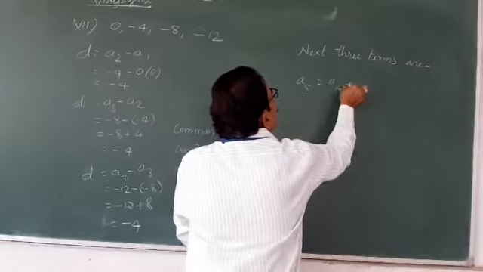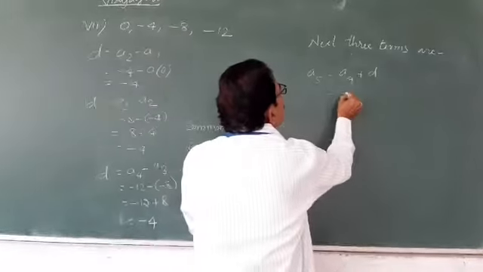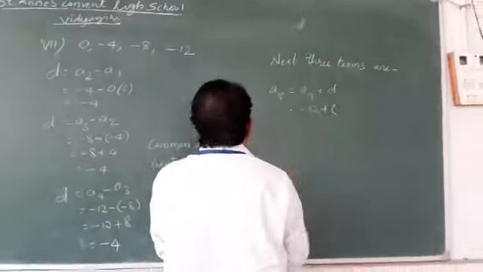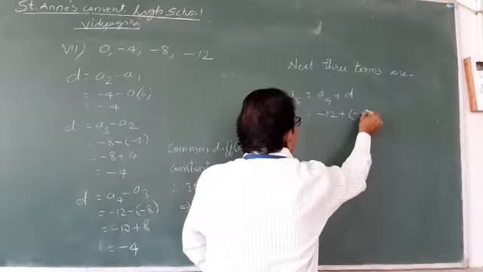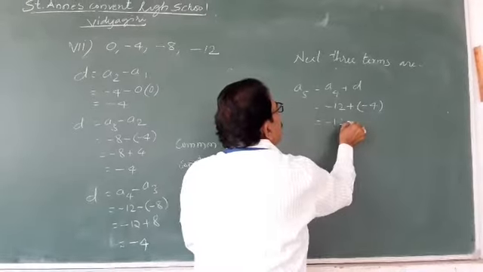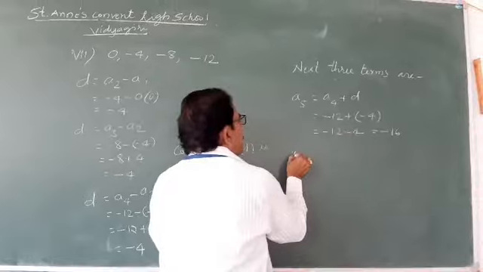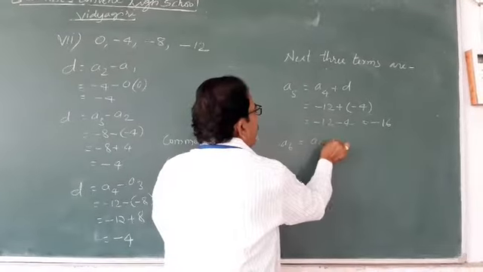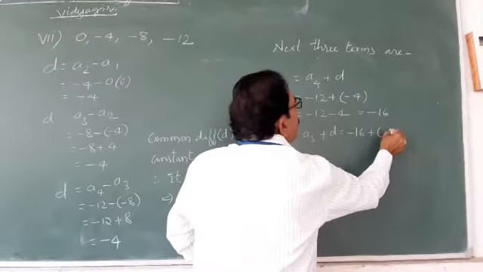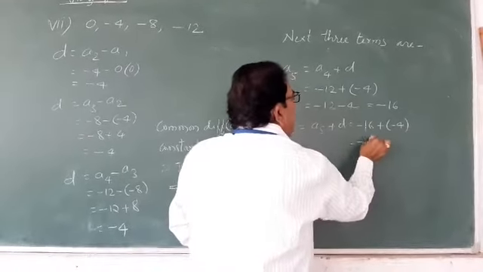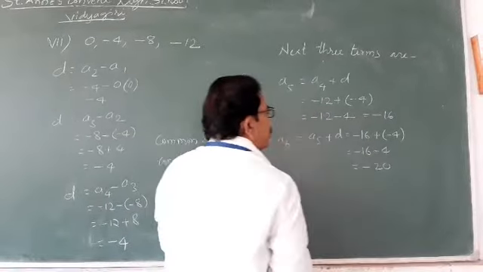A5 equals A4 plus D. A4 is minus 12, plus the common difference minus 4, that is minus 12 minus 4, which equals minus 16. Then A6 equals A5 plus D, that is minus 16 plus minus 4, that is minus 20.